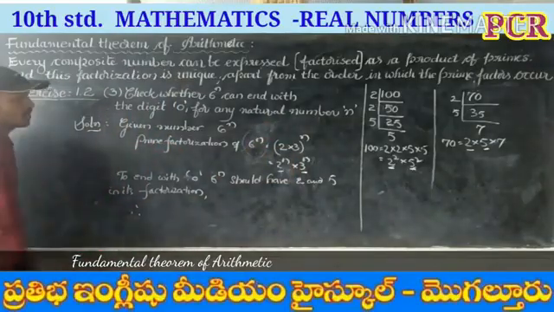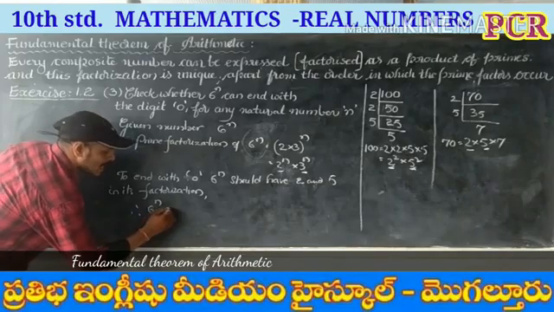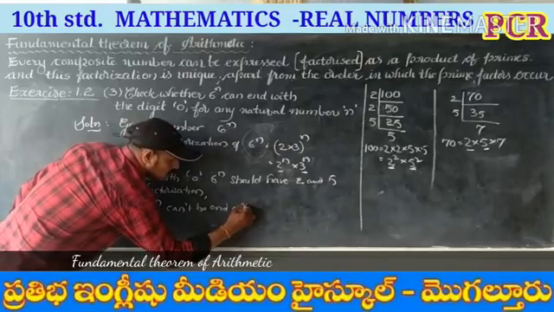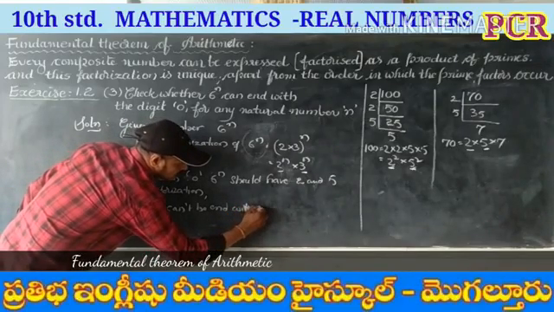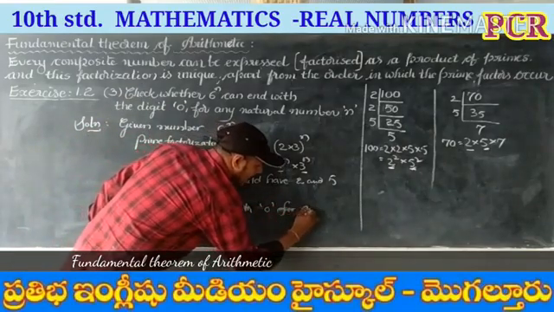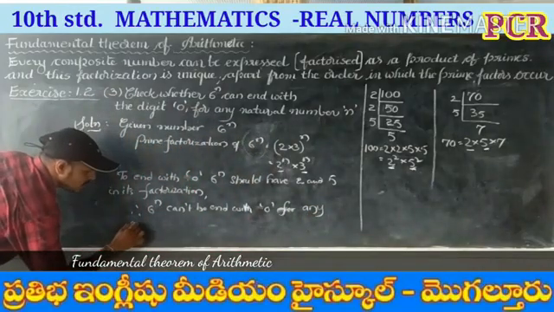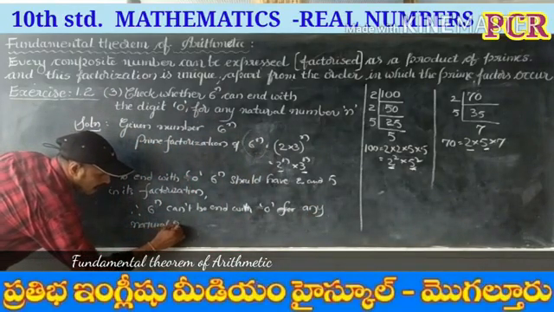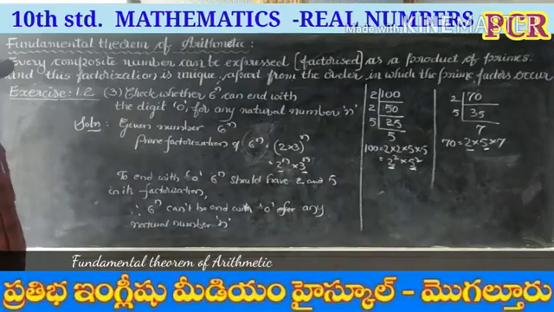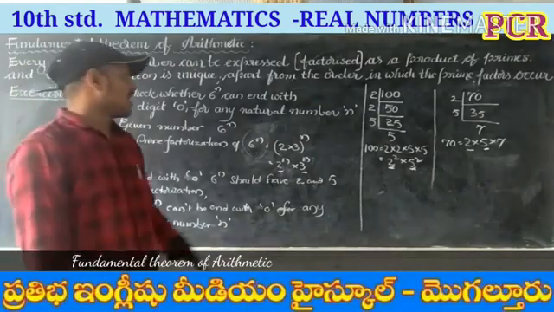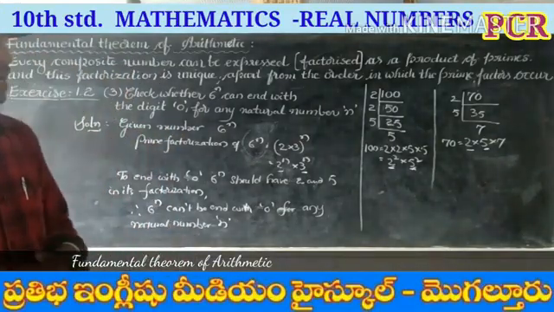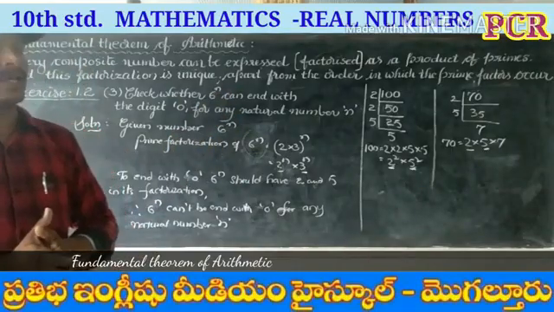Therefore 6 power n can't end with 0 for any natural number n. So 6 power n does not end with 0 for any natural number n, because it has only 2 and 3 as the prime factors.